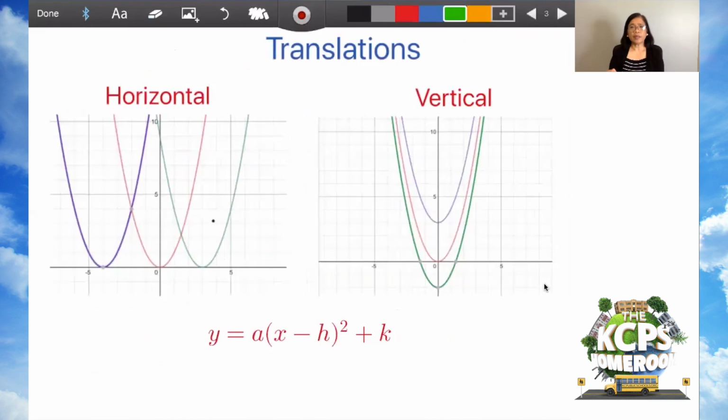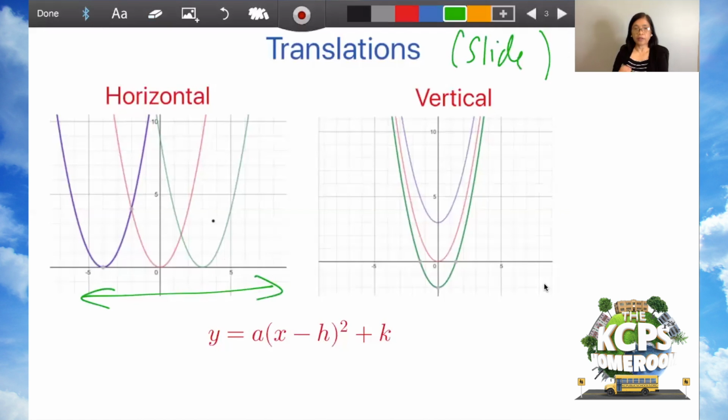So let's review some of the vocabulary words. When we talk about translations, we're talking about sliding an object. In this case, we have the graph here of a parabola. So for horizontal translation, we're actually looking at the movement of the graph from left to right. From left to right, you slide it along the x-axis.